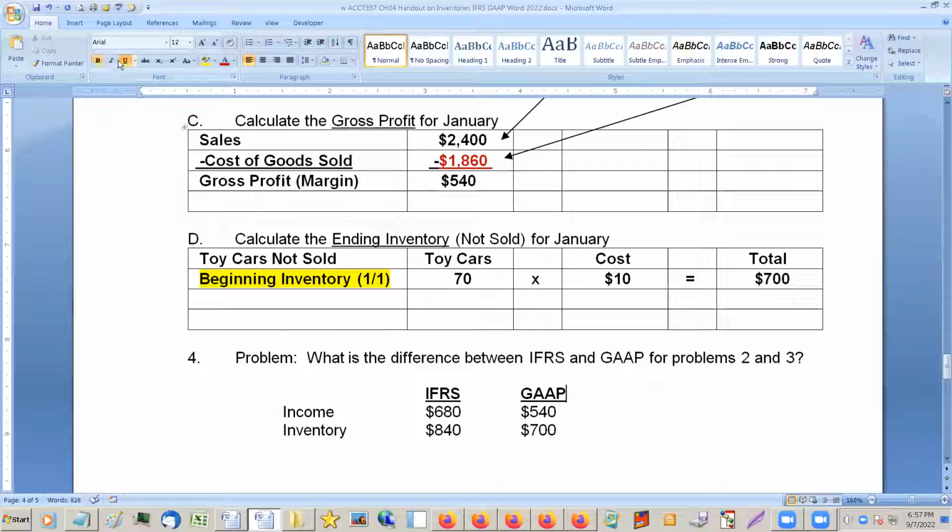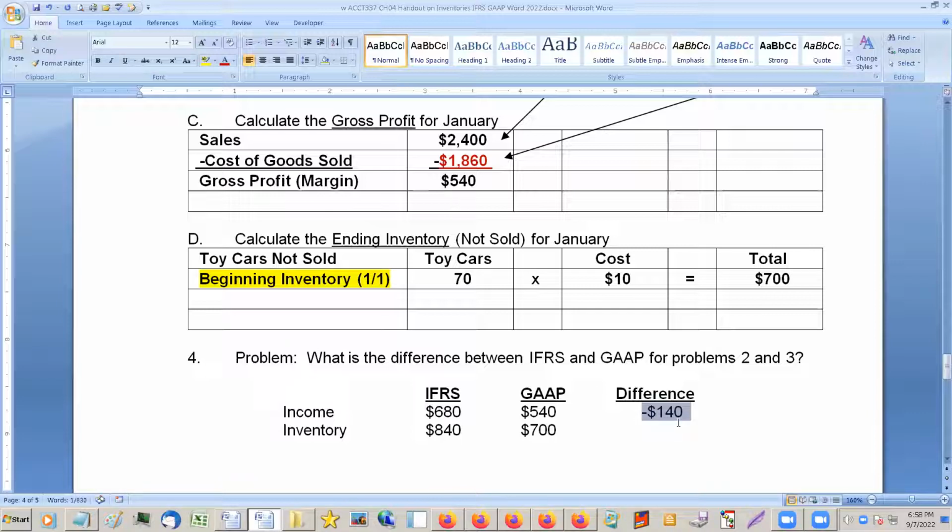And just for kicks, the difference up here. So the difference here, going to GAAP, decreased the income by 140.